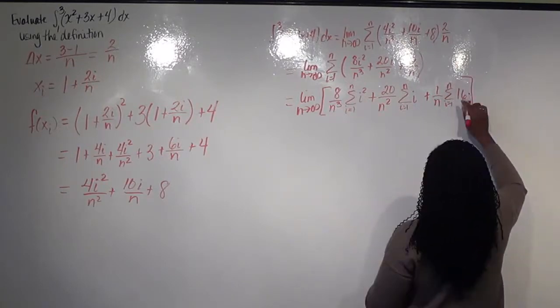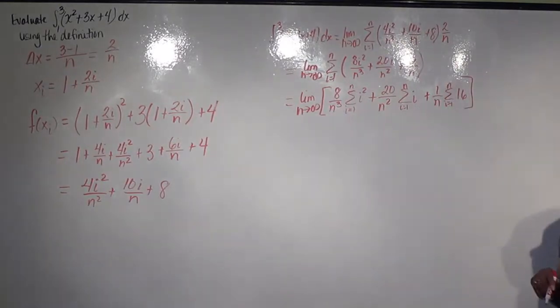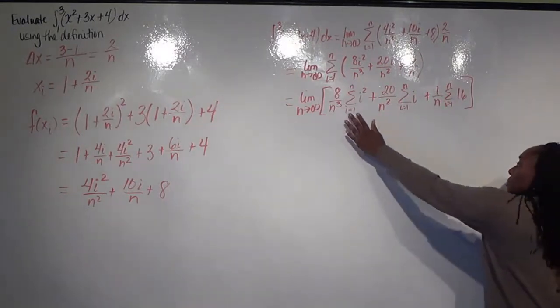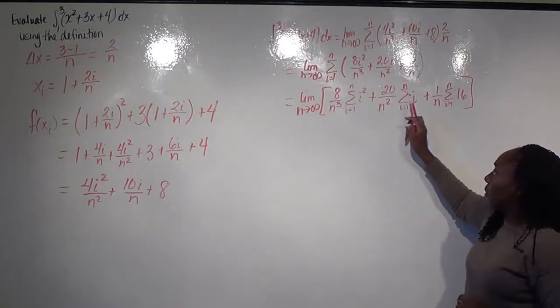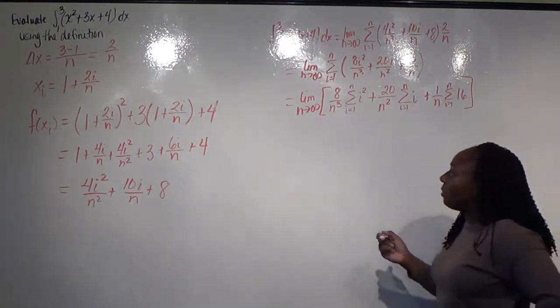So there's our constant. Okay. Again, for these 3 summations, we can now use our formula. So we have the i squared formula, the i, and the constant formula.